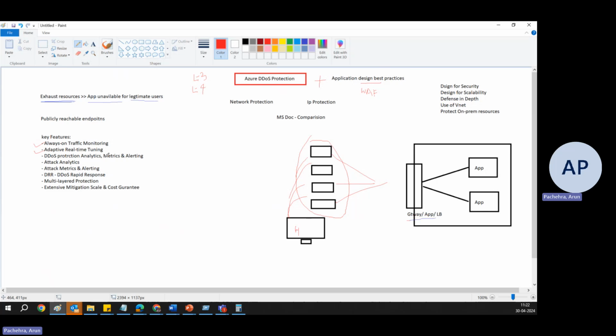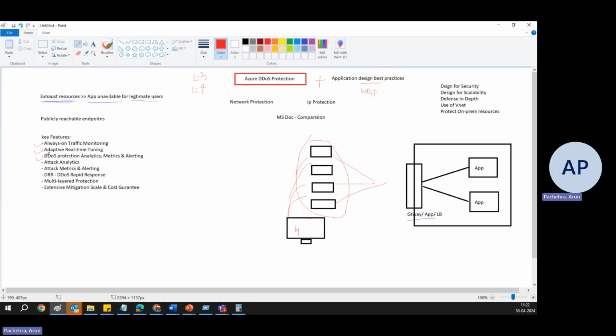adaptive real-time tuning. Then we do have an option of analytics, metrics, and alerting, which means Azure applies specific security rules for TCP SYN, TCP, UDP traffic. So what does it mean?